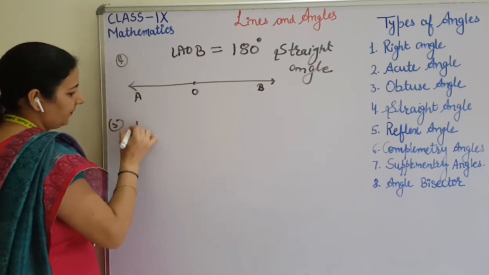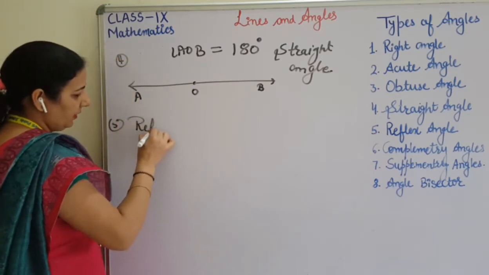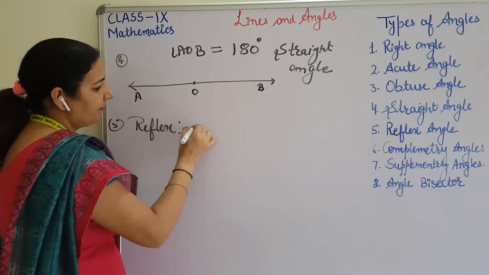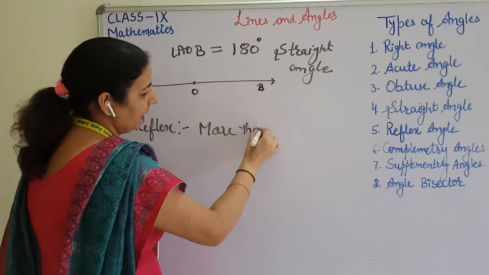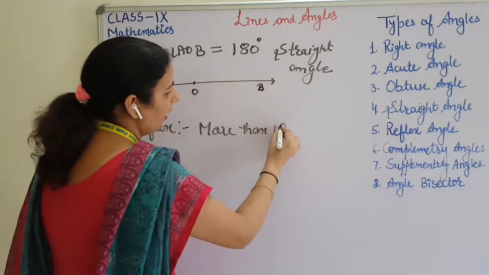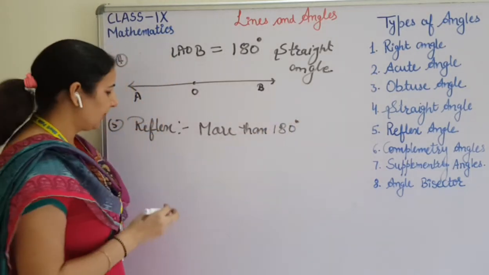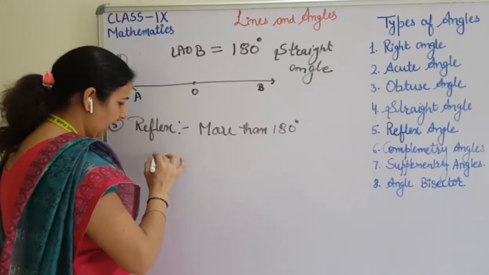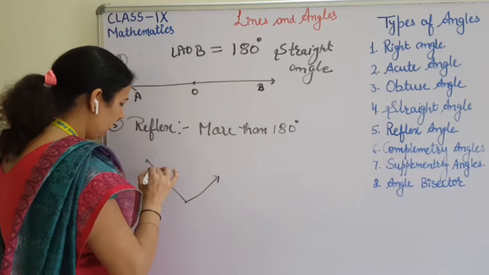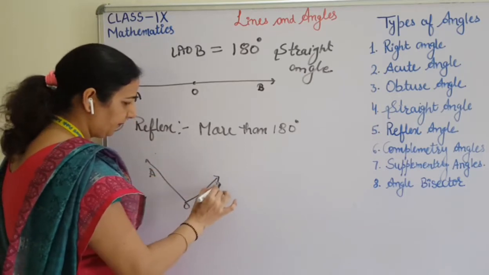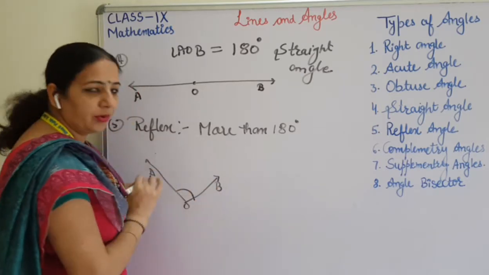Reflex angle is more than 180 degrees. More than 180 degrees means when we have any angle AOB, then this angle is obtuse angle.